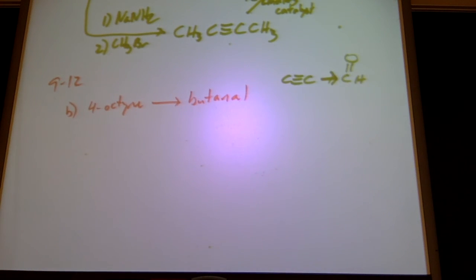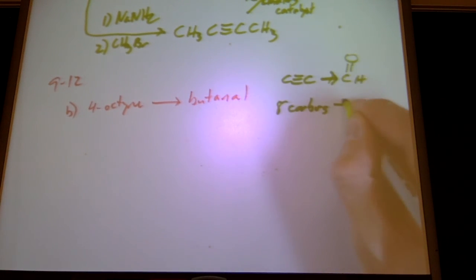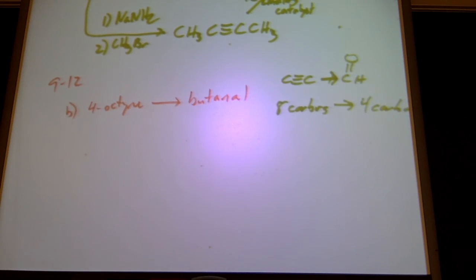What else is different? Yeah, I have 8 carbons. In the product I have 4 carbons. So if I have 8 carbons, how can I get to 4 carbons? Break it in half. Okay, how can you break it in half? BH3, since that adds an OH group, you're going to make an aldehyde, isn't it? Would you use BH3? Sort of cut it in half.